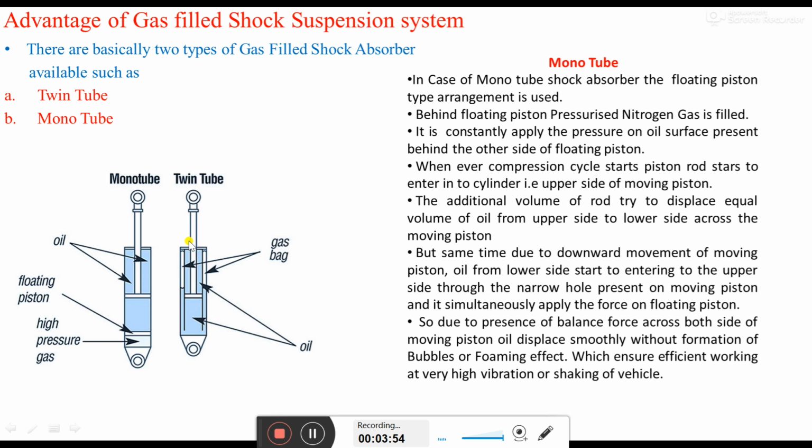Whenever it moves inward, across the holes present in this piston, viscous oil tries to move in the upward direction. At the same time, the extra volume of the rod gets into the tube.